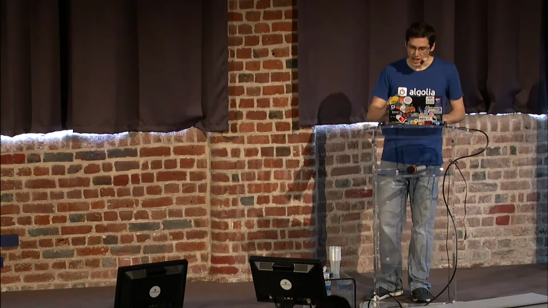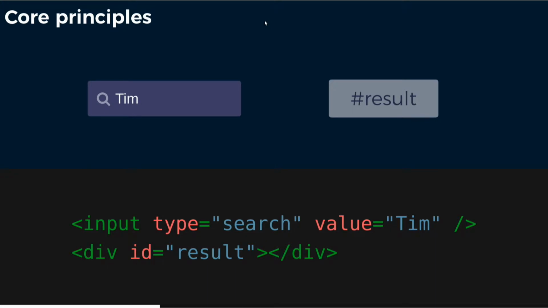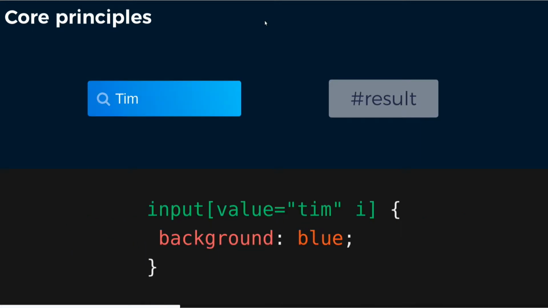It will start with a pretty easy markup, and it will get more and more complex until the end. But this is the base markup. I have a search bar, which is just an input with a pre-populated value of team. And I also have an empty div with an ID of result. With this, I can add some CSS on top of it. This selects the input that has the value team.